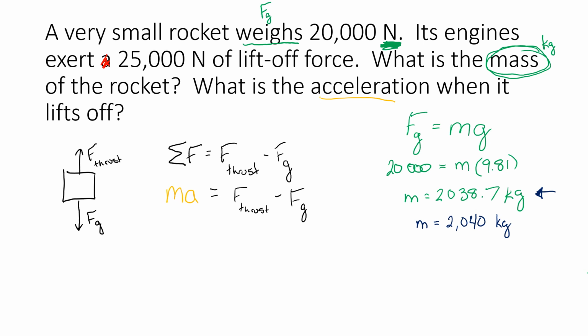All right, so the next question says, what is the acceleration when it lifts off? So again, we found the mass, 2,038.7. I'm going back to the larger number now that we're using calculations. The acceleration is what we're trying to find. The thrust was given as 25,000 and the force of gravity was given as 20,000.